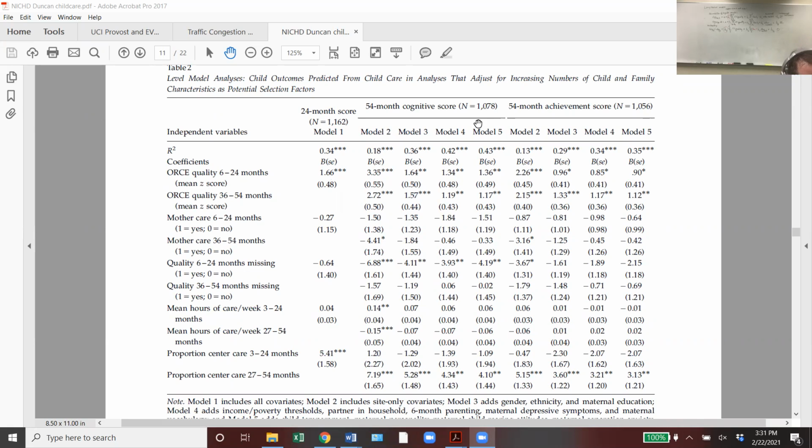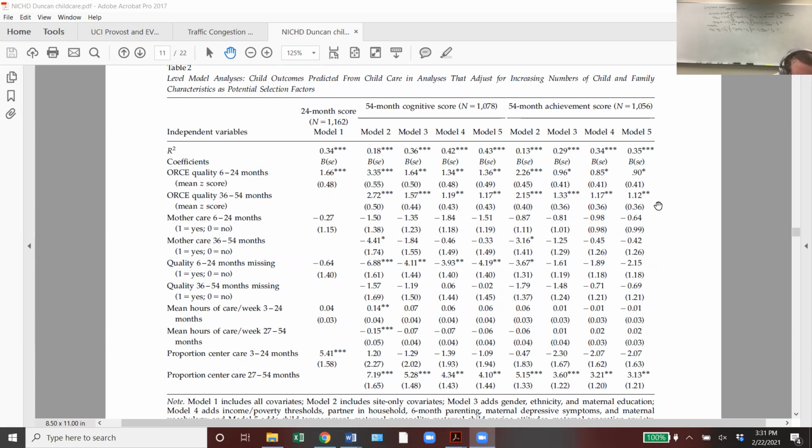And then there are these various level equations for 54-month test scores where different variables are added in. You get late quality being associated with, by the time you add in variables you should be adding in, about a 1.2 point change in test scores for every standard deviation increase in childcare quality.